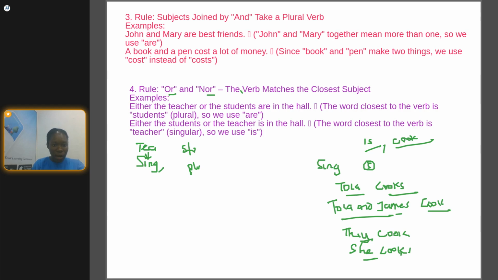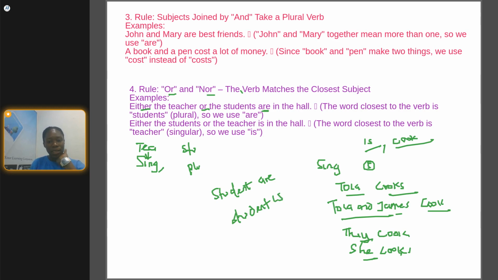Remember that you use either with or and you use neither with nor. Okay, so this is applicable to both either or and neither nor. So we have the teacher, which is a singular subject. We have the students, which is a plural subject. Now, the word students is the closest to the verb are. Okay, so you say students are, not student is.